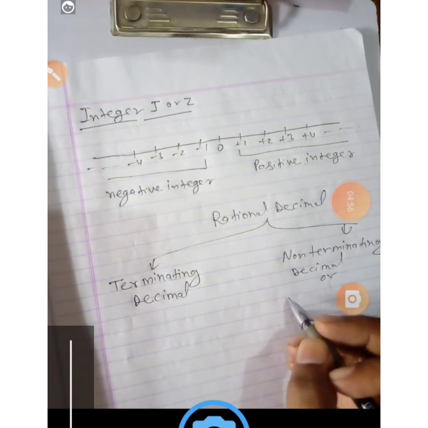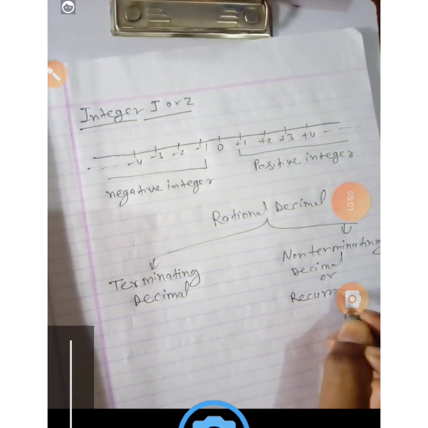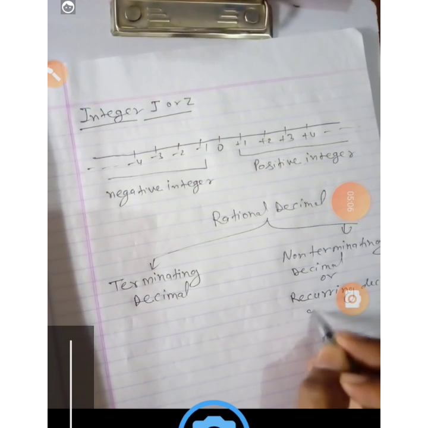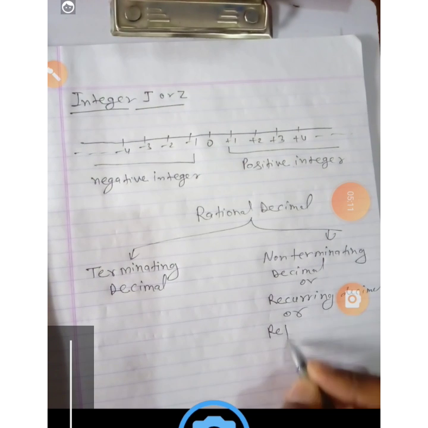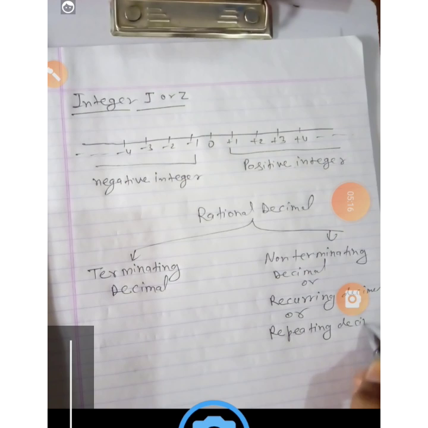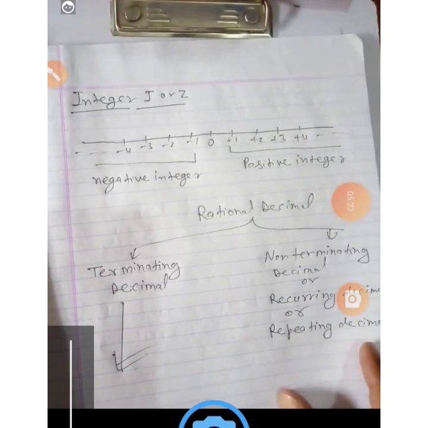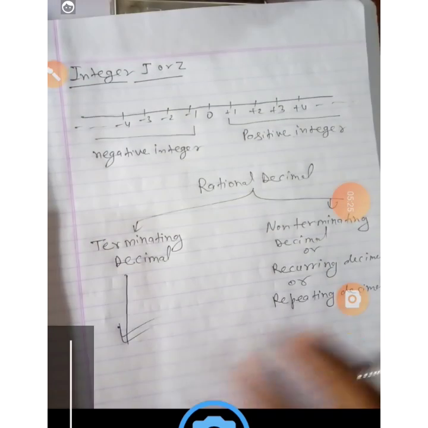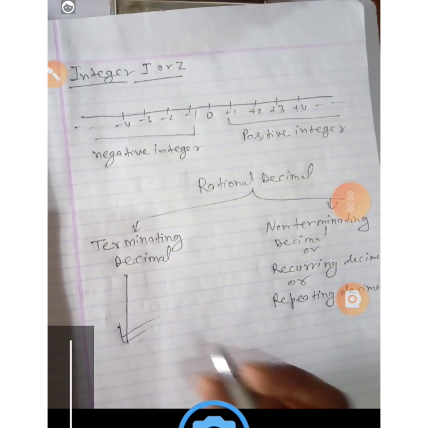Otherwise it can also be called recurring decimal, or repeating decimal. First of all we discuss the terminating decimal. In a terminating decimal, the number comes to an end. A rational number that comes to an end is called a rational terminating decimal.